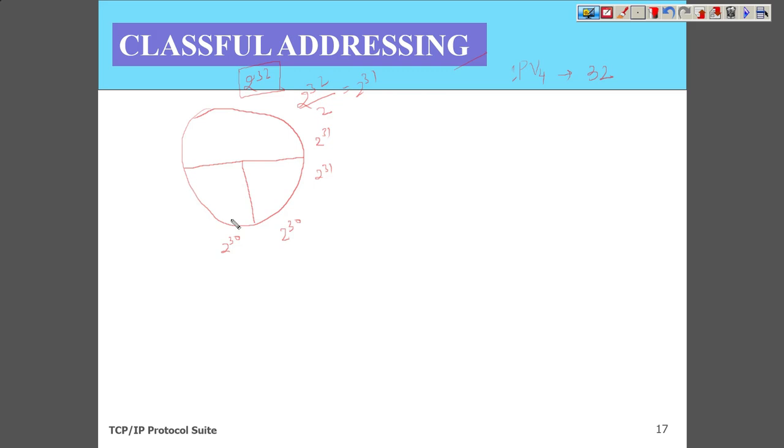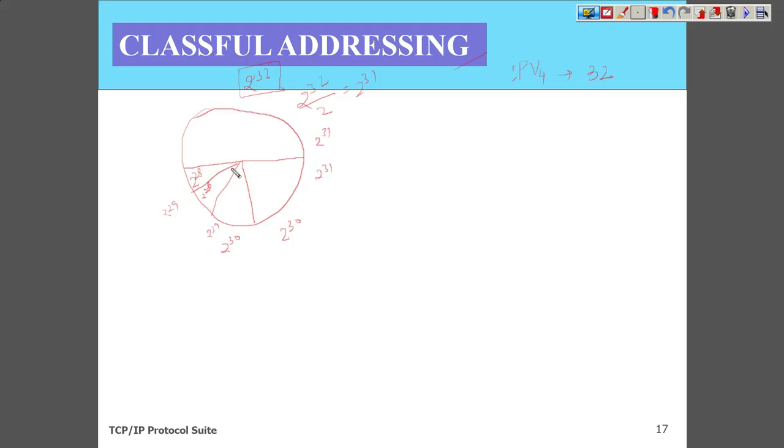Now these addresses were further divided into two parts, which comes to be 2 power 29 and 2 power 29. Then we further did the same thing, so this becomes 2 power 28 and this becomes 2 power 28.